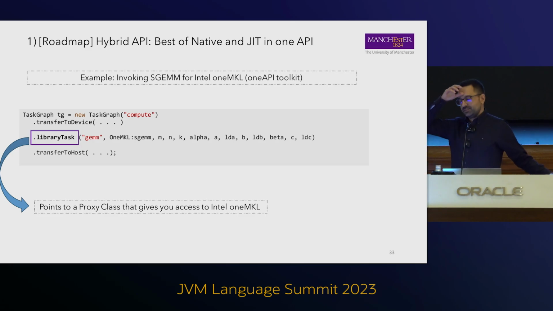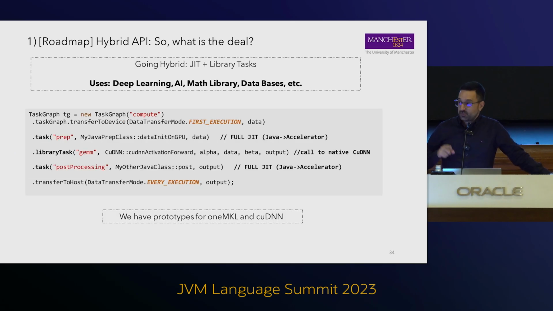And you can say, well, Juan, you just call a native function in Java. What's the big deal? Wait. What if we combine these two in the same graph? That's the deal. Let me show you a use case. You load data from a database. Let's say you use a prebuilt function library. You can do it in Java, but let's assume that you use a prebuilt function library. And you load the data. And then you have a phase in which you manipulate that data.